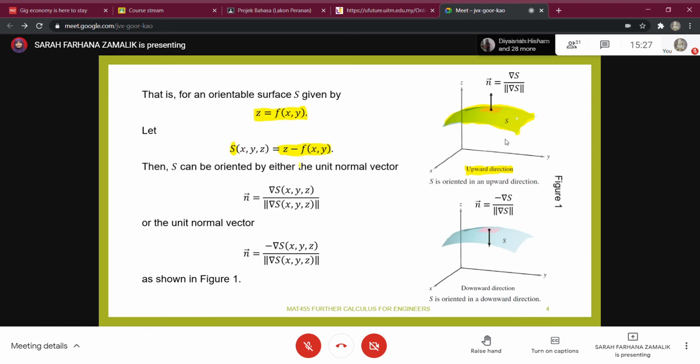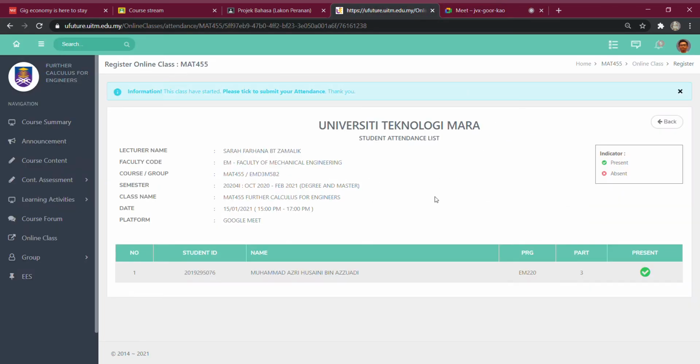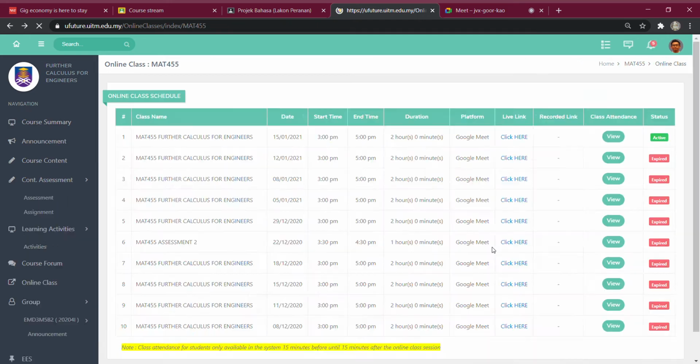Then your S can be oriented by either the unit normal yang ni ataupun yang ni. Upward direction or downward direction. Kena check lah kita punya surface tu macam mana. So ni samalah tadi apa yang saya tunjuk dekat gambar dia tu.